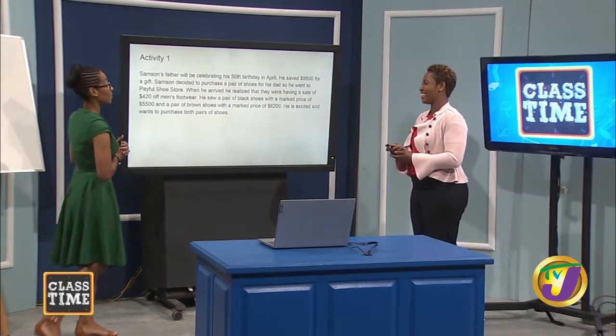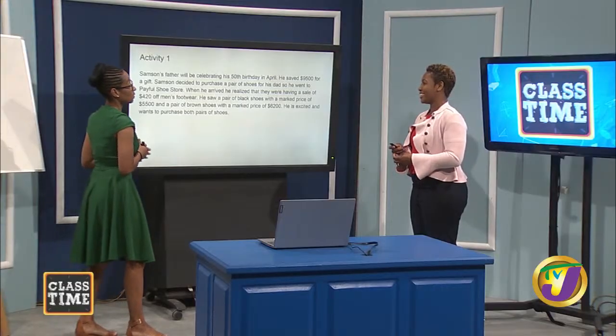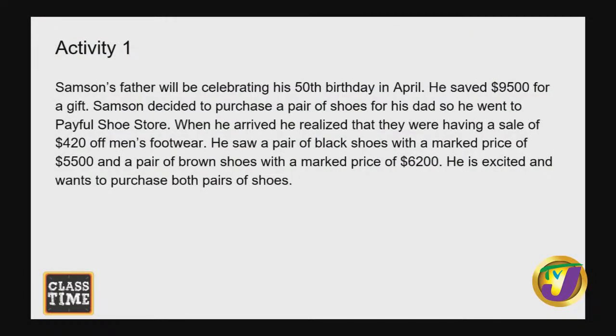Now that we've got Kylan buying her dress, let us look at this other activity. Samson's father will be celebrating his 50th birthday in April. April is next month. He saved $9,500 for a gift. Samson decided to purchase a pair of shoes for his dad, so he went to Payful Shoe Store.